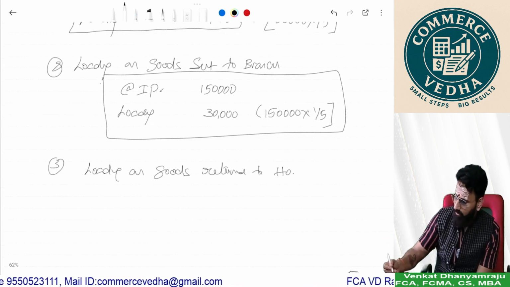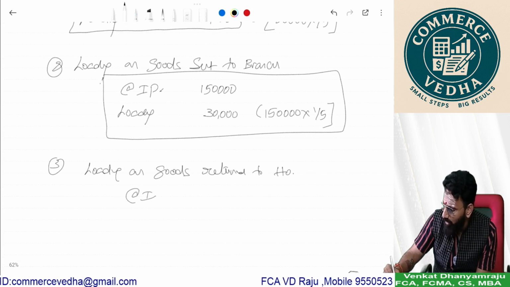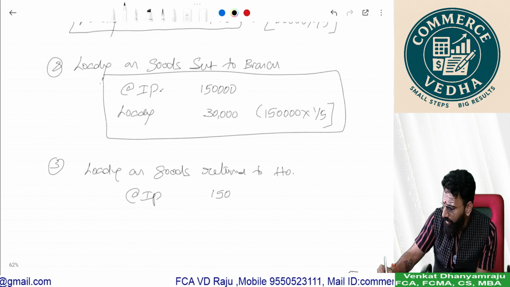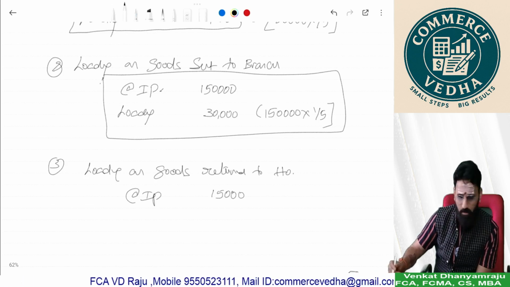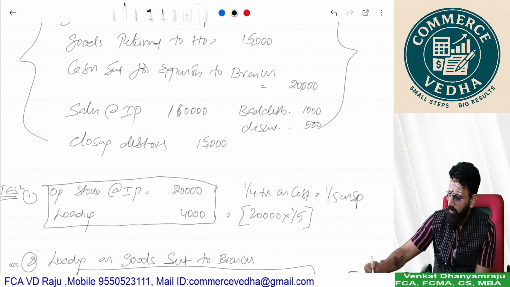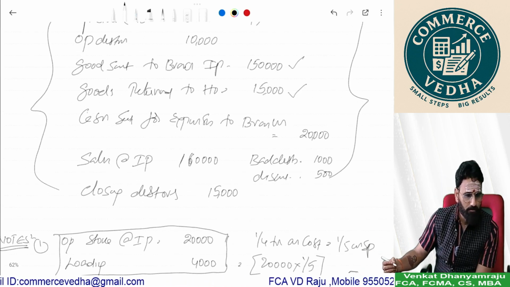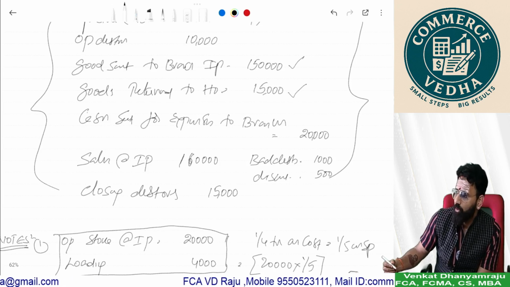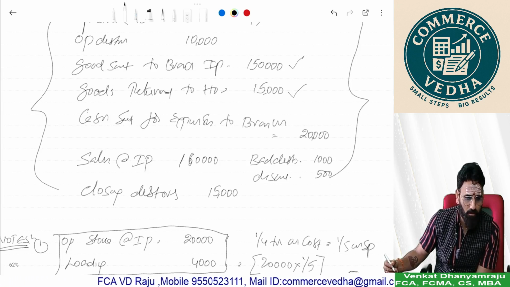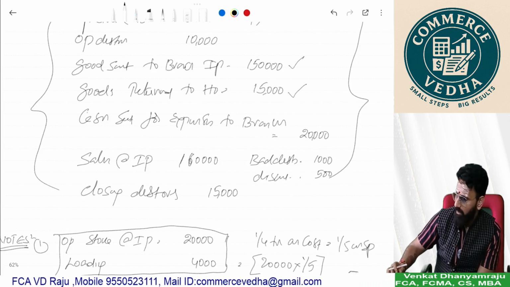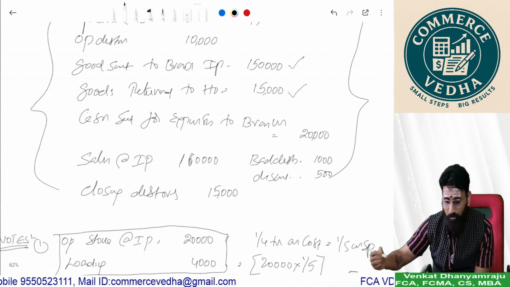At invoice price, what is the value? 15,000 is given in the question. Return to head office, 15,000. Yes, goods returned to head office 15,000. Clear?